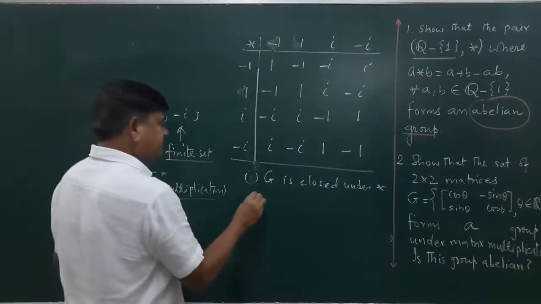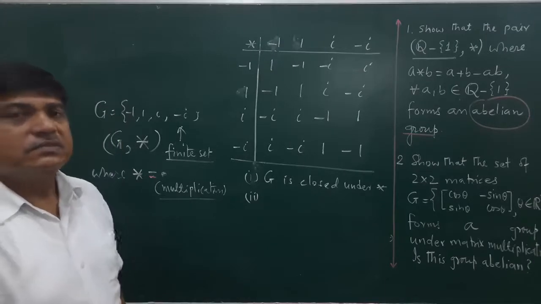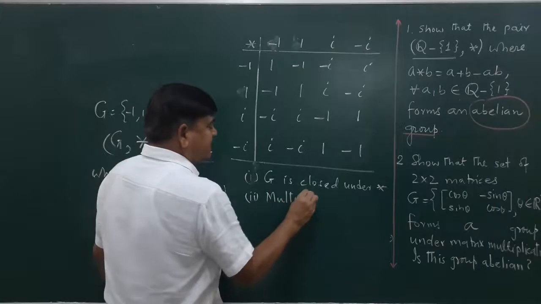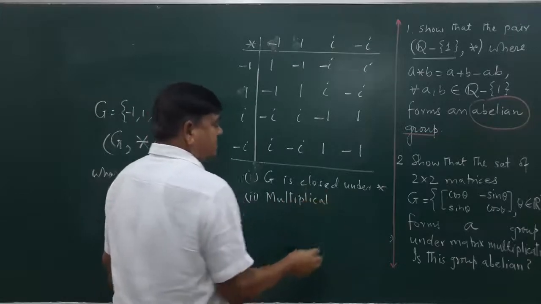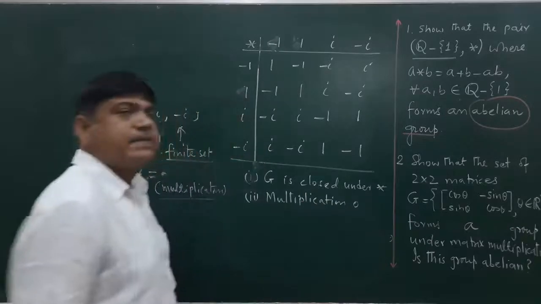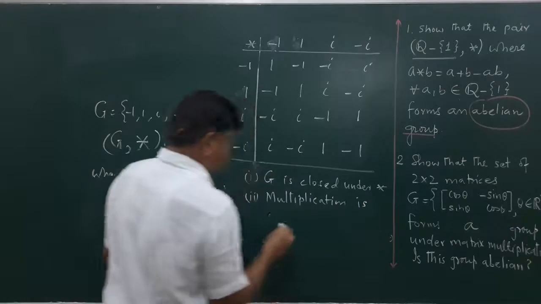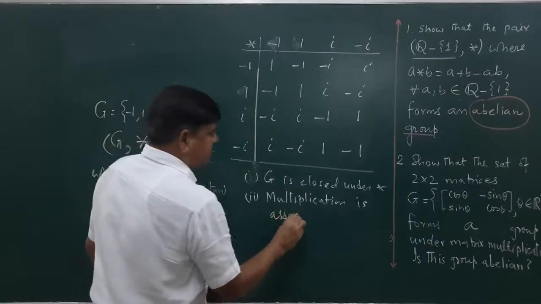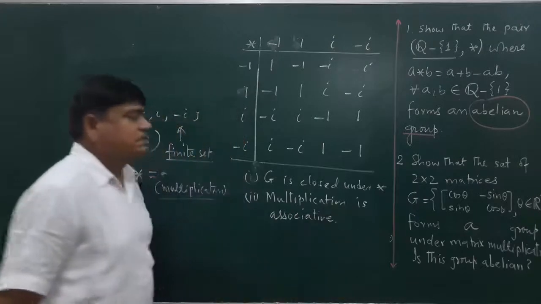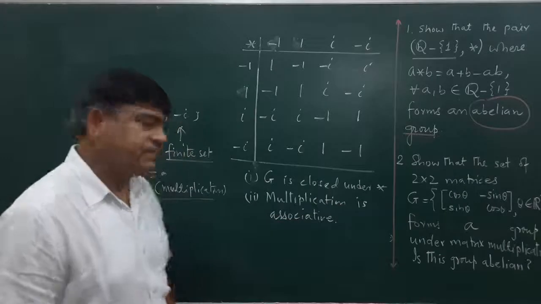Second, multiplication is associative. This is a property of numbers, multiplication is associative.